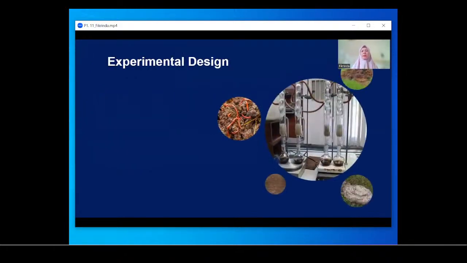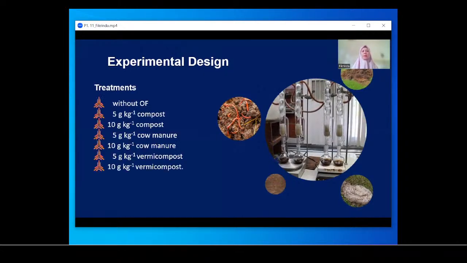For the experimental design, we used 7 treatments: without organic fertilizer or control, 5 and 10 gram per kilogram compost, 5 and 10 gram per kilogram co-manure, and 5 and 10 gram per kilogram vermicompost. The treatments were replicated 3 times, and we set the experiment for 2 series.